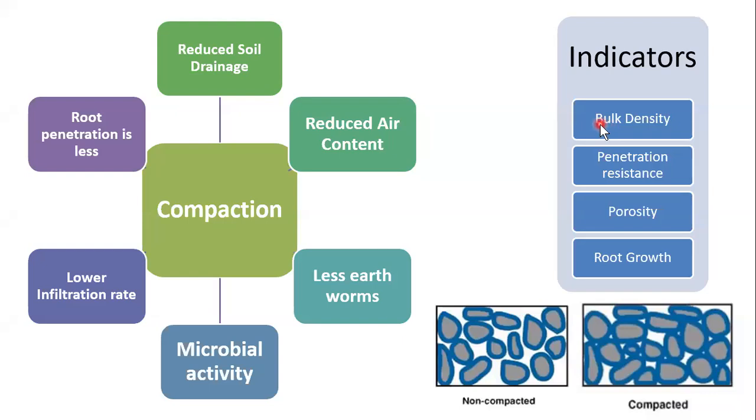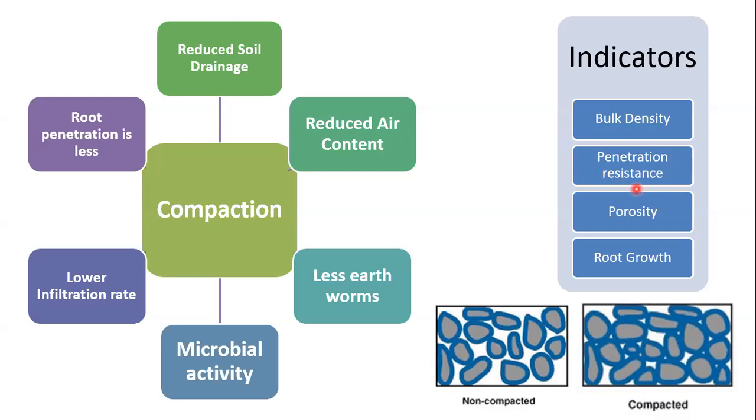We have already discussed perhaps, or if not here, in earlier courses, what bulk density is, because it includes the pore space. That is the mass divided by the volume including the pore space. It means if we have a low bulk density, there are more pore spaces. And if we have a high bulk density, the soil is compacted.